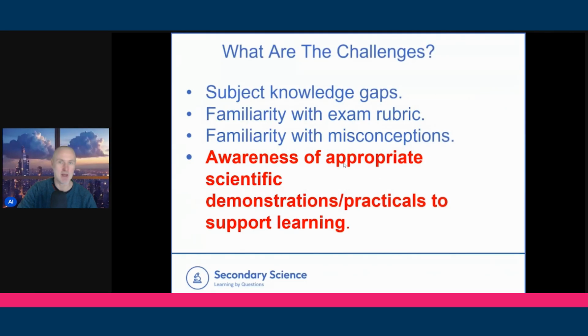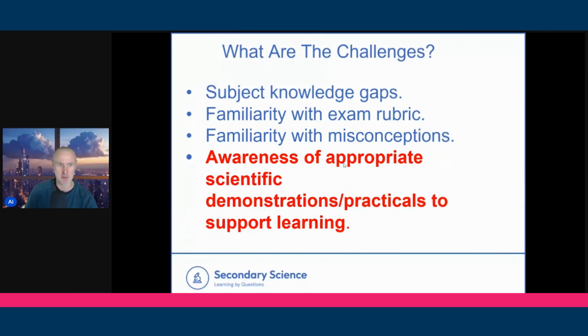However, even if you are a non-specialist who's a great teacher, you're still going to have the same problems that all non-specialists will have, which is subject knowledge gaps initially, familiarity with exam rubric, familiarity with misconceptions. All of those will develop as time goes on, but they are absolutely going to be there in the first instance.